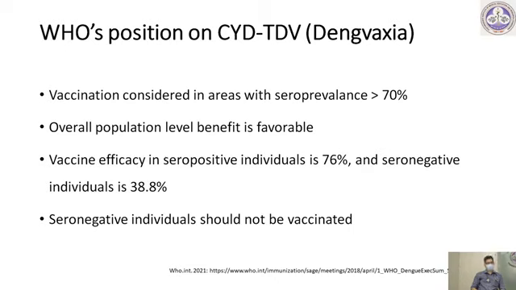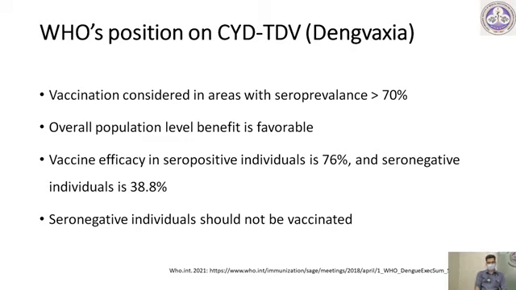So, what is the WHO's position on the dengue vaccine? Vaccination should be considered in areas with a seroprevalence of more than 50% and should not be considered in seroprevalence of less than 50%. More than 70%, it is indicated. So overall population level benefit is favorable for the vaccine, and the vaccine efficacy in seropositive individuals is 76% and in seronegative individuals is as low as 38.8%.